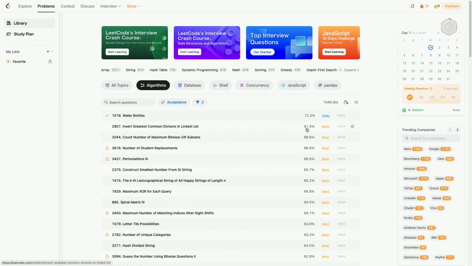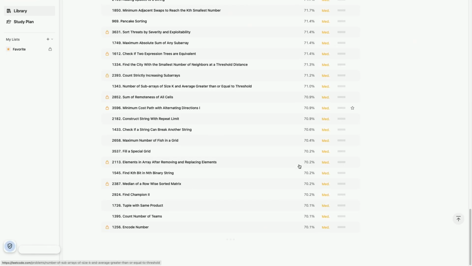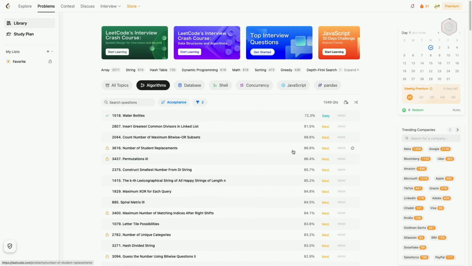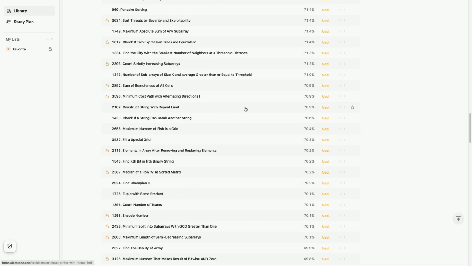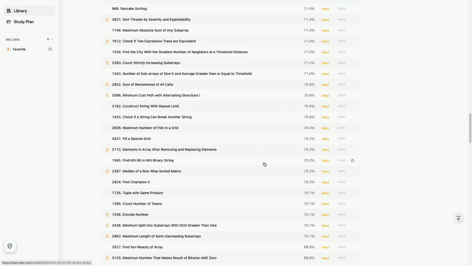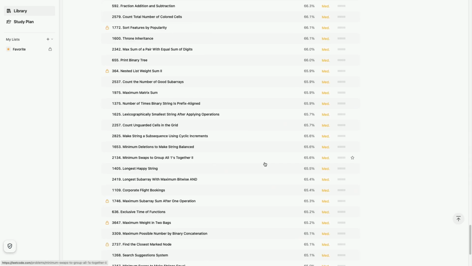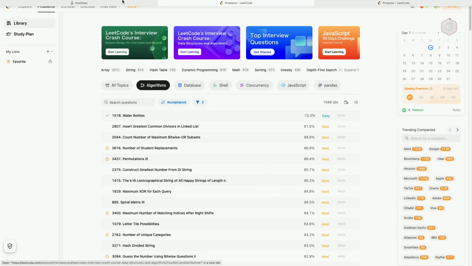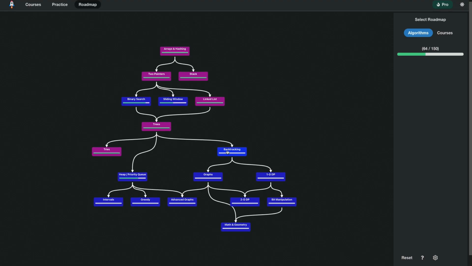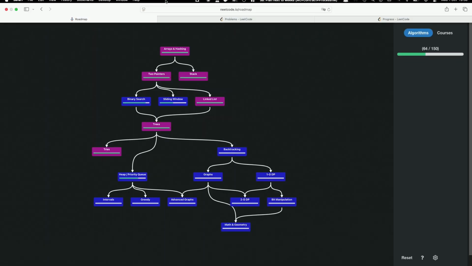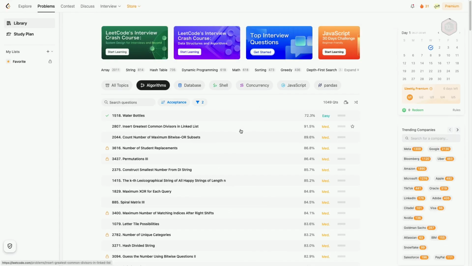So always go by acceptance rate. When you find things are too easy for you, scroll down the list a little bit until you run into problems that have a gotcha or a trick that you have to know to solve them. Because if they do, they're less likely to be asked in an interview, unless it's a common technique, like the backtracking technique or something. That's what I would recommend.